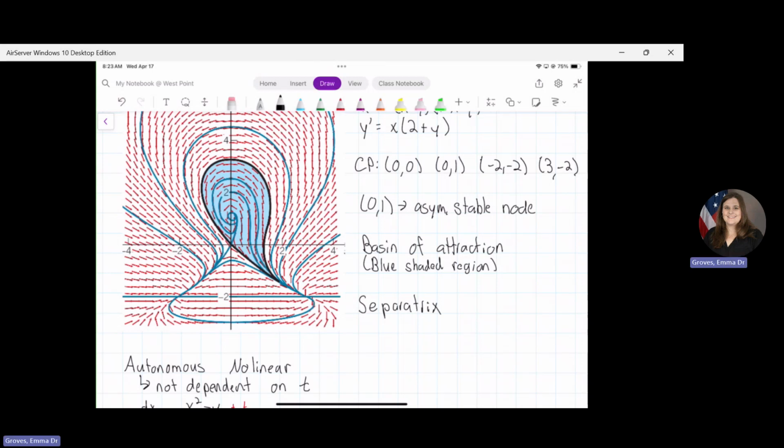If you were to follow that trajectory, you wouldn't actually go to the critical point, and anything outside of that is moving away from that critical point, potentially to one of your other critical points or just off towards infinity, depending on the differential system that you're looking at. So that separatrix is the separation of the basin from the rest.